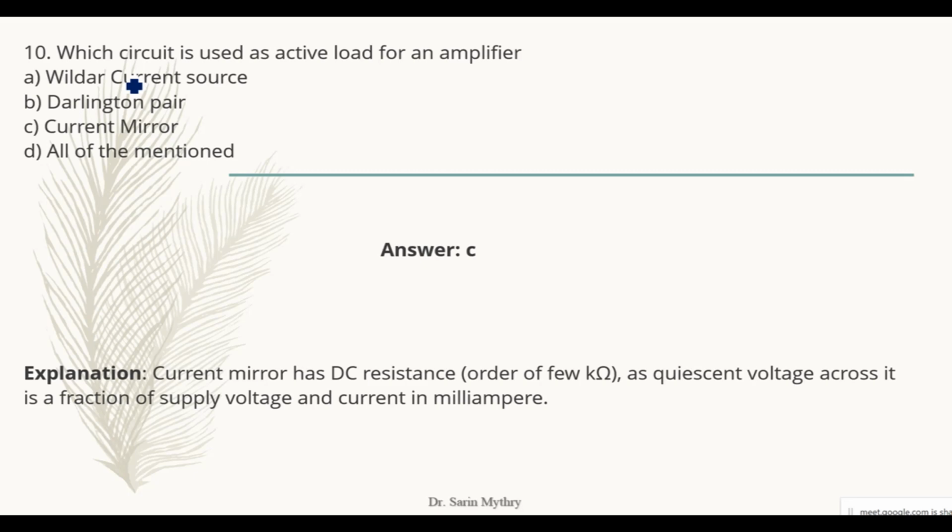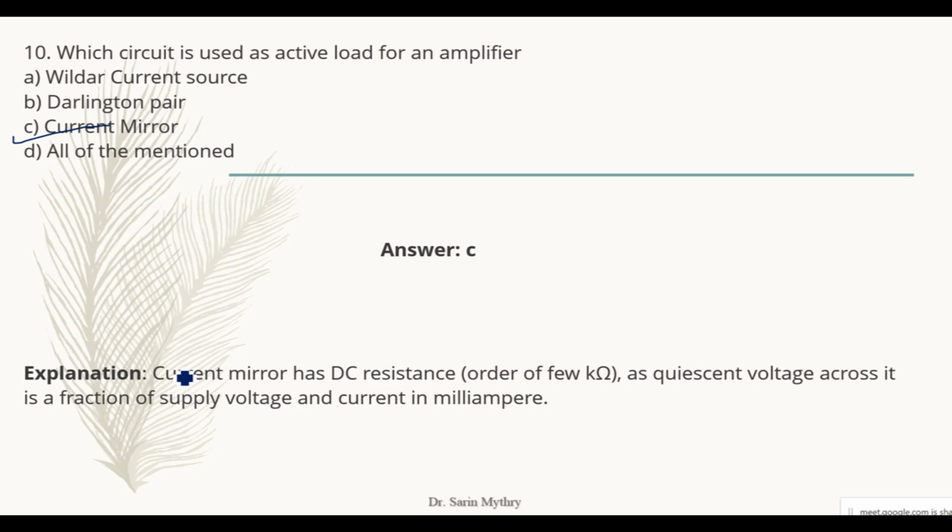Constant current means the current is not changing, so some parameter is trying to vary it, and something is opposing the variation of the current. Anything which opposes the variation of current is nothing else but a resistor. So this current mirror is equivalent to a resistor, which is equivalent to an active load. So your option C will be the correct one.